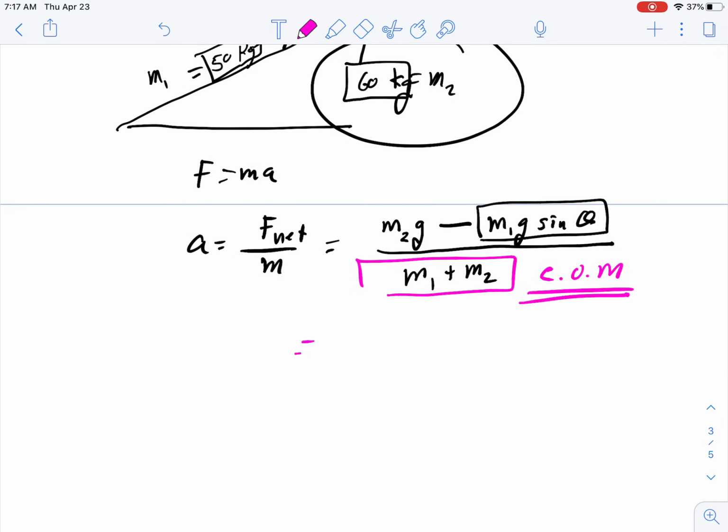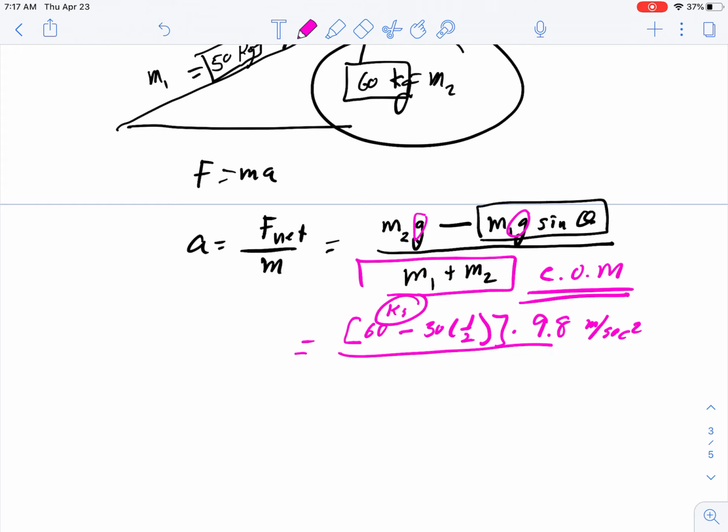Okay? So if we looked at this and finish out the math part of it, we can pull out the gravity here. I'm going to pull out G, so I just do it once. So I have 60 minus 50 times my unit vector, half, times my gravity, 9.8 meters per second squared.